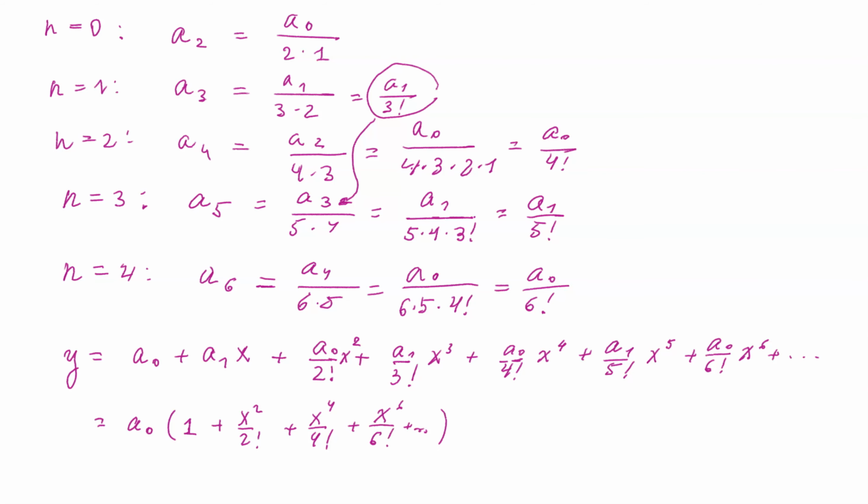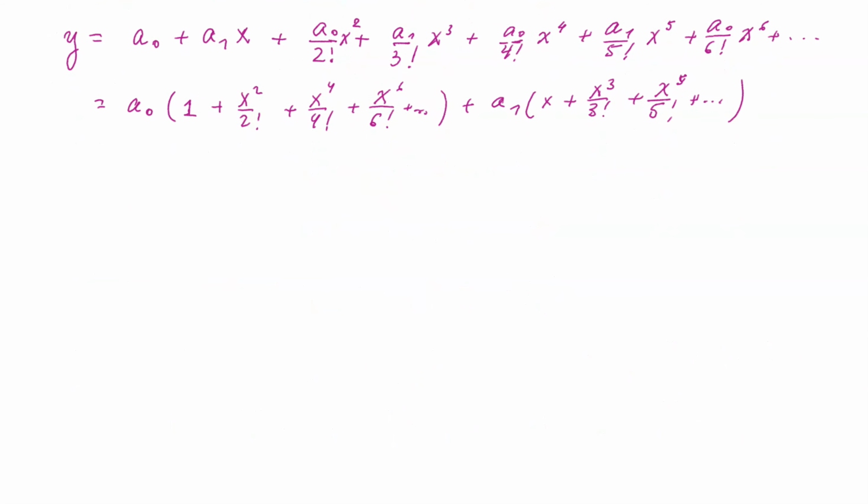And there are some other terms which I'm not writing down, right? A1 has x plus x cubed over 3 factorial plus x to the power of 5 over 5 factorial, and I did not calculate more, but I think it's going to be enough for a while.